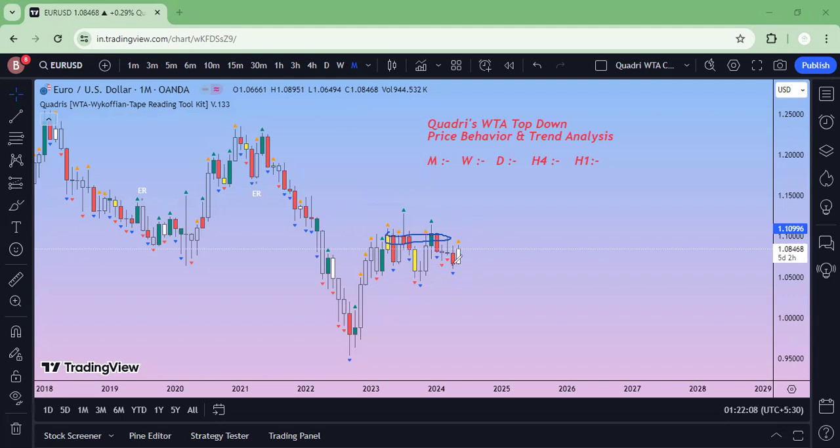So what I'm expecting at this particular point, as we have already touched and approached the trend change price area, is for price to come up to this particular level, 1.10 or 1.11.